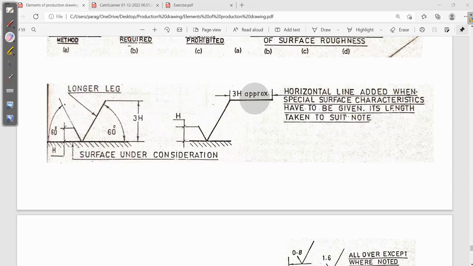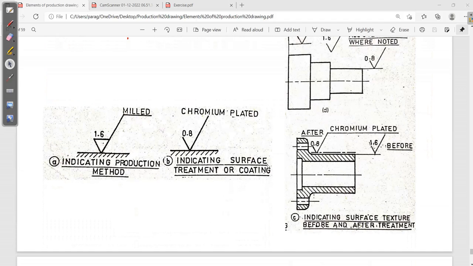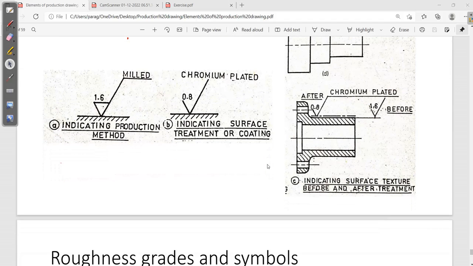Okay, now next. This is just an example. Now see what to mention here: the surface roughness value. So adding the bar means what? We have to remove material, material removal is required. And here above we are mentioning the production method, or any material removal method, or you can mention the coating method.